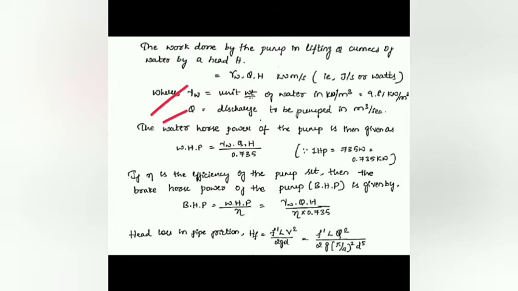While calculating the water horsepower, that is the WHP of the pump, it is given by the formula gamma W into Q into H divided by 0.735.